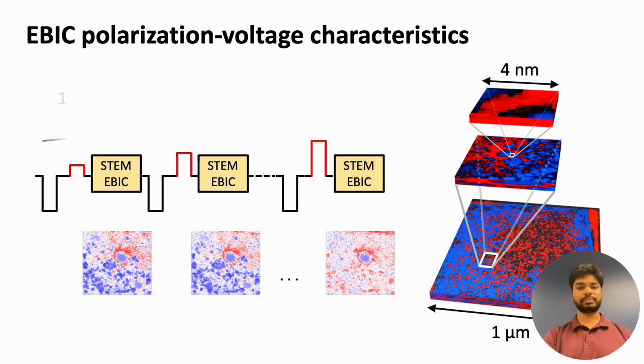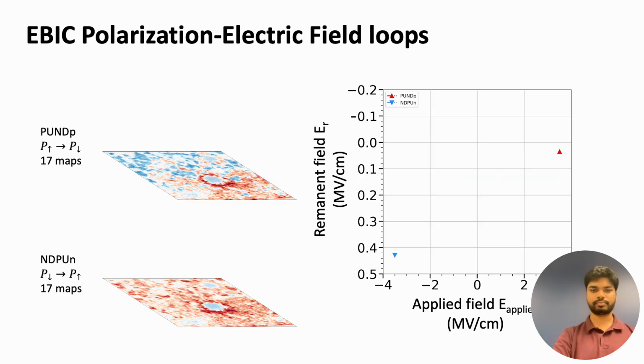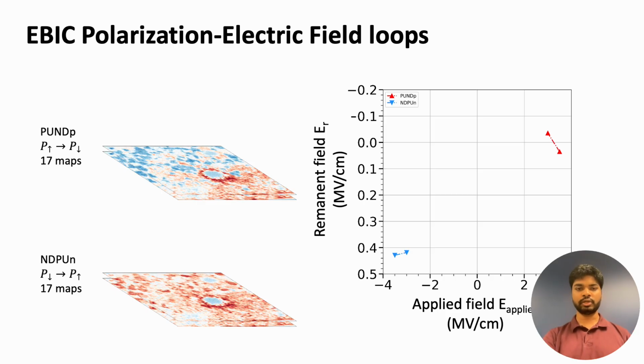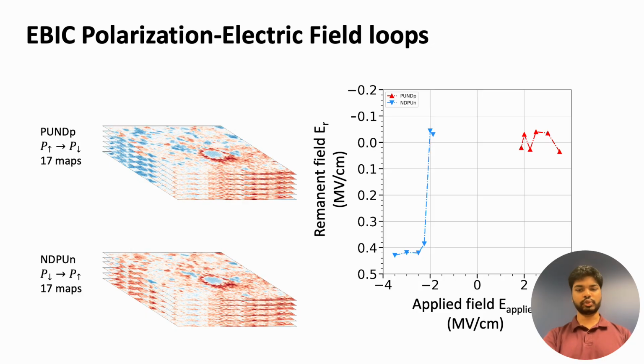For the first experiment, we use 17 voltage steps at 300 microsecond pulse widths each. We did this both in the positive and negative direction. Here are the 17 EBIC images captured in the positive and negative direction, with the EBIC signal from 1 pixel shown on the right.